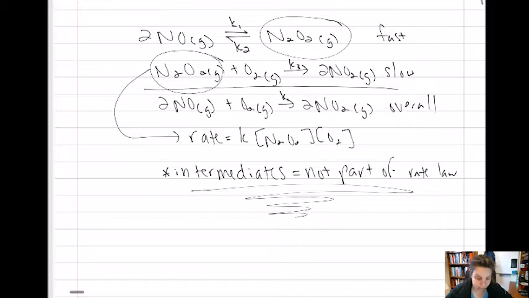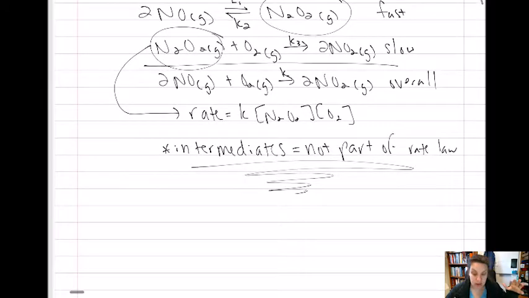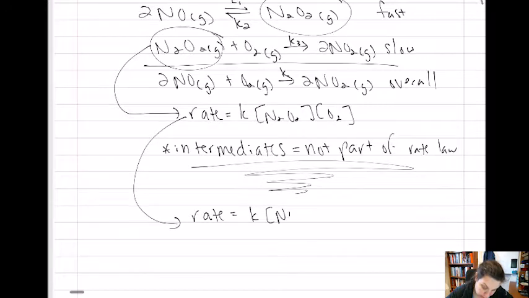Very, very important. So this needs to be rewritten in terms of just reactants, and like I said, I will do this in a separate video, but what you would actually get is rate is equal to k NO squared O2.